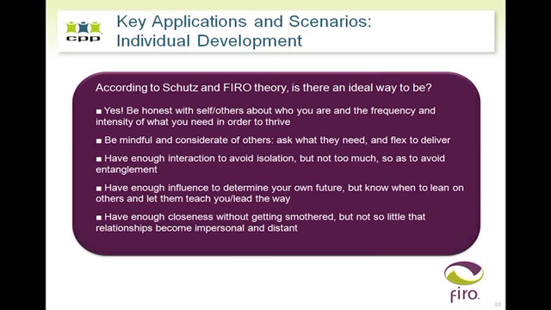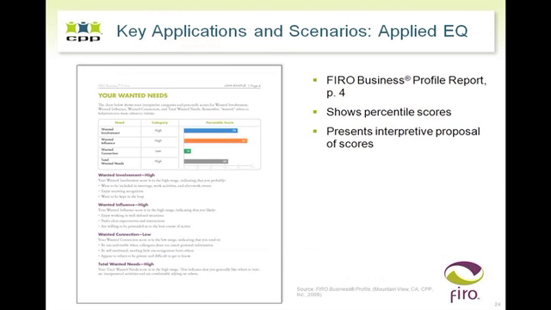I wanted to show you a page from the FIRO Business profile. And here now we're going to switch from Jane's sample over to John's sample. Perhaps you can see that in the upper right-hand corner of the page that I'm showing you from the FIRO Business profile. And here you can see this particular graph features John's sample's wanted needs.